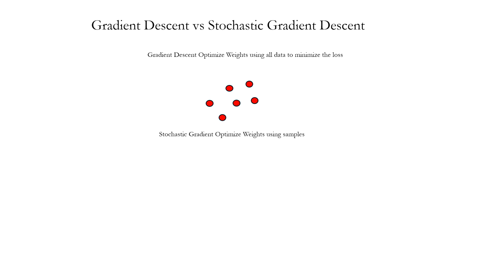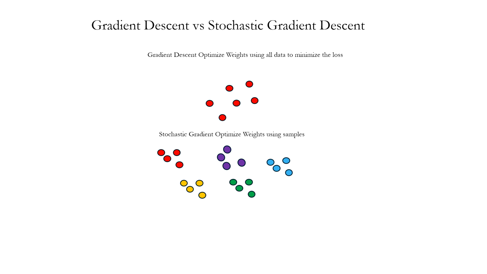So I'm going to review quickly gradient descent and stochastic gradient descent. Gradient descent optimizes weights using all the data to minimize the loss. Right, so we're using all of the data. Stochastic gradient descent optimizes weights using samples.